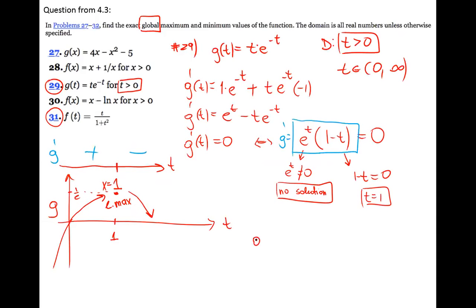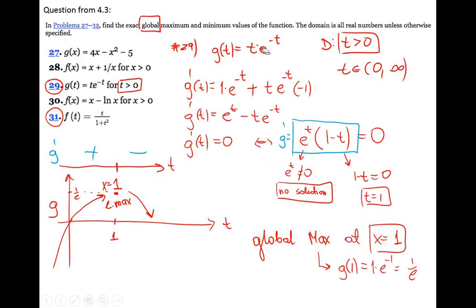We can see the global max is definitely at x equals 1. And I even computed this: the global maximum will be the value of the function at 1, e to the -1, which is 1 over e. I just used the original function.